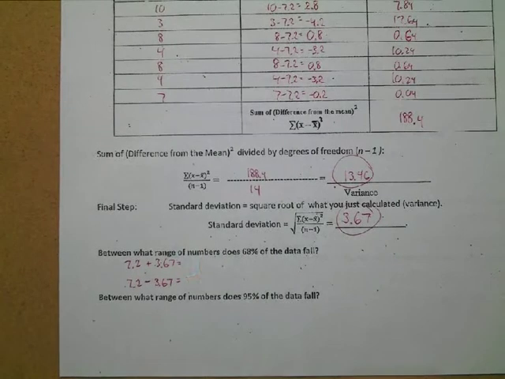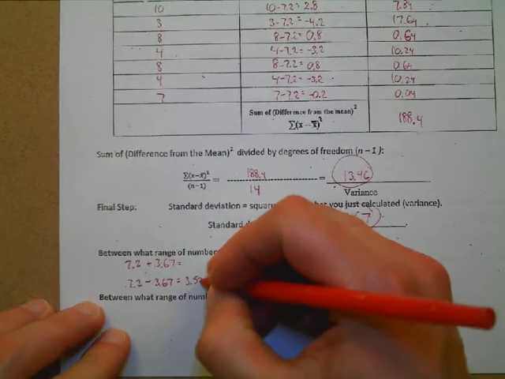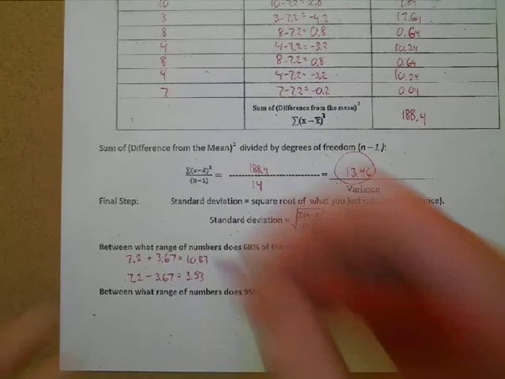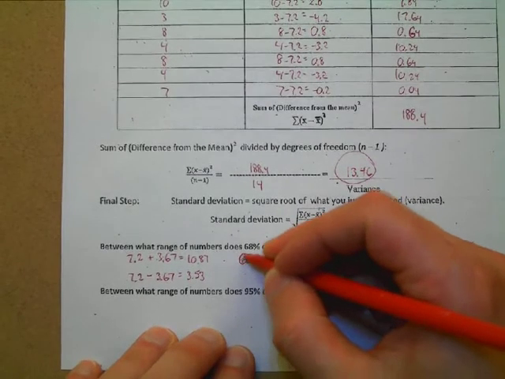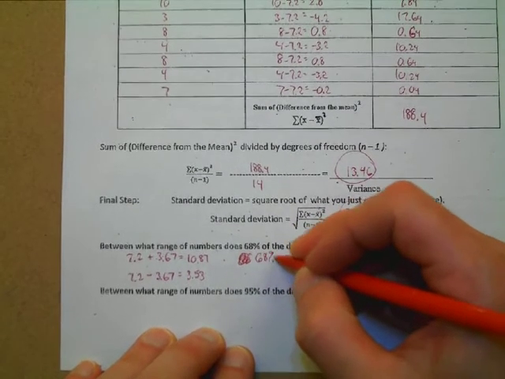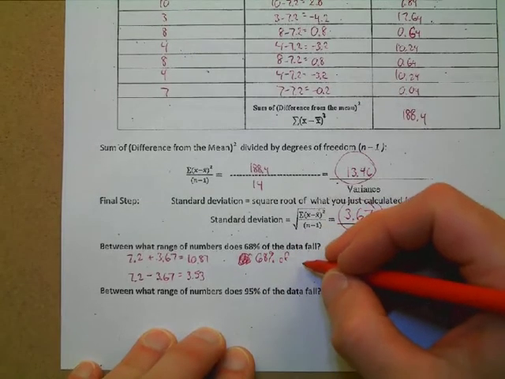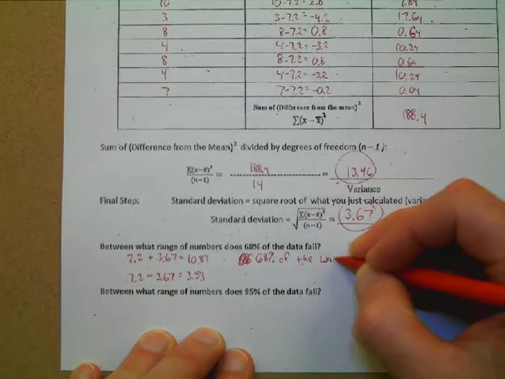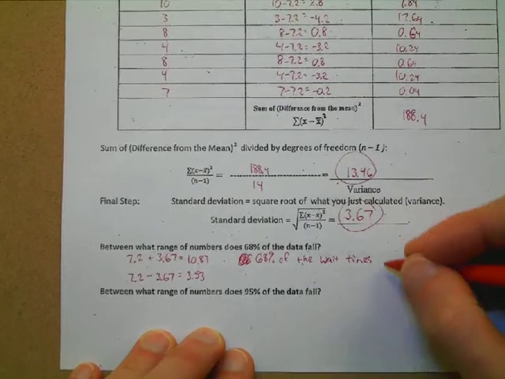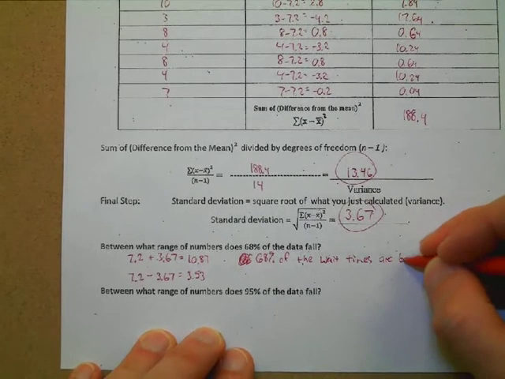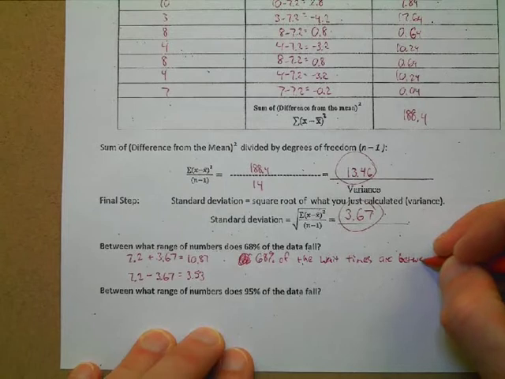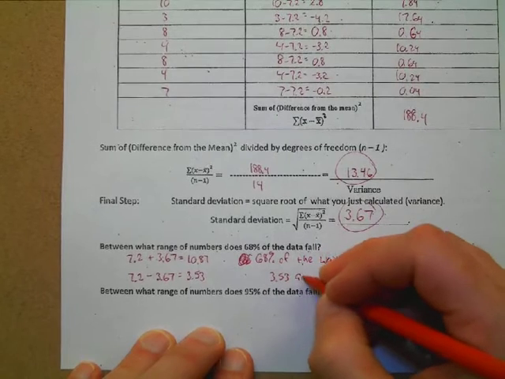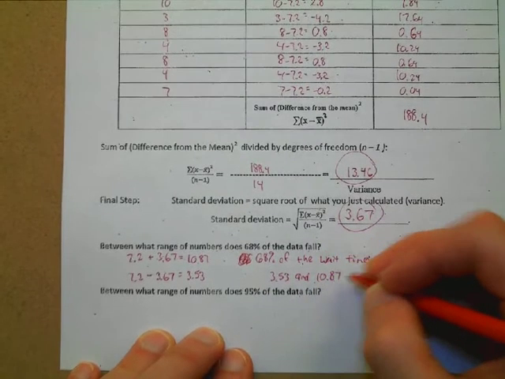So there's the subtraction one, and then there's the addition one. So 68% of the wait times are between 3.53 and 10.87 minutes, I'm guessing, yeah.